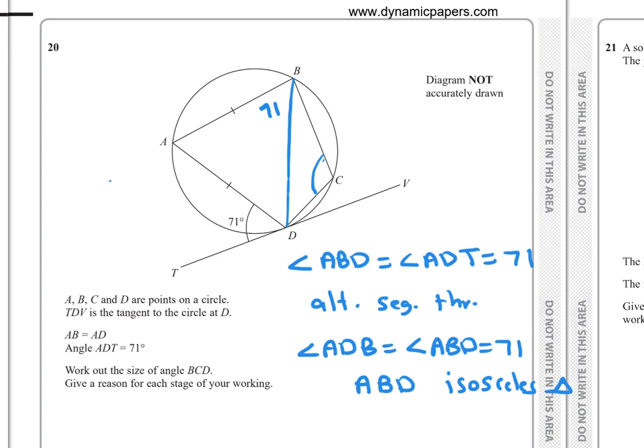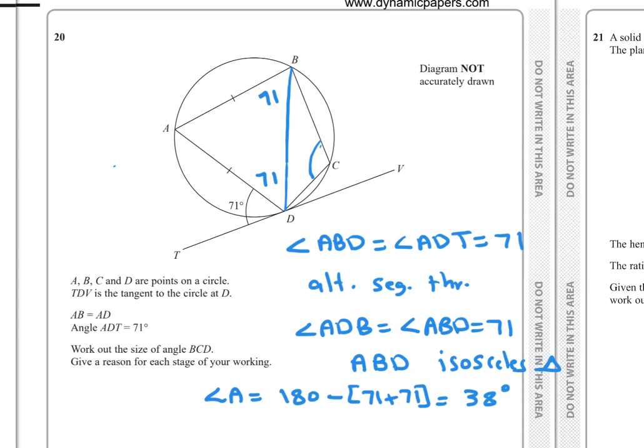Now this angle is 71. Then you can find angle A. So angle A equals 180 minus 71 plus 71 equals 38, because the sum of interior angles equals 180.